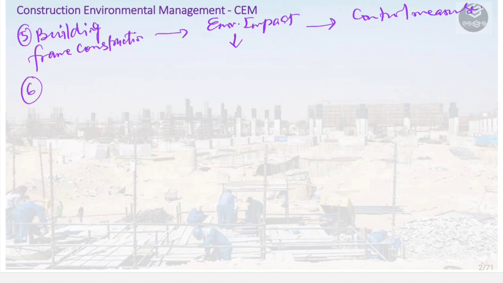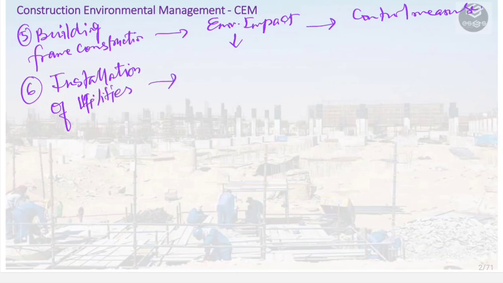Then the next activity comes: installation of utilities. Now what can be the environmental impact associated with this? We can talk about soil compaction and habitat destruction, which can occur, impacting the local wildlife.